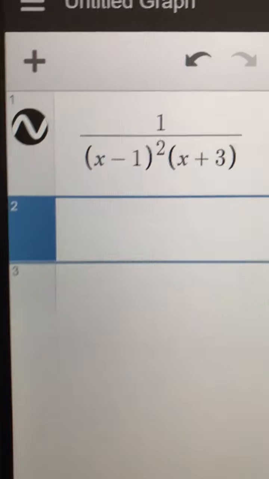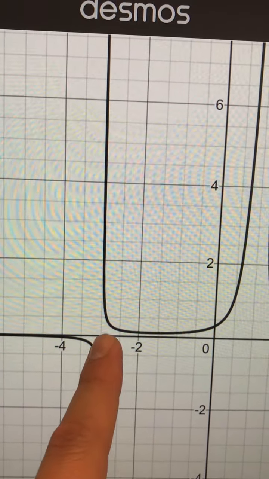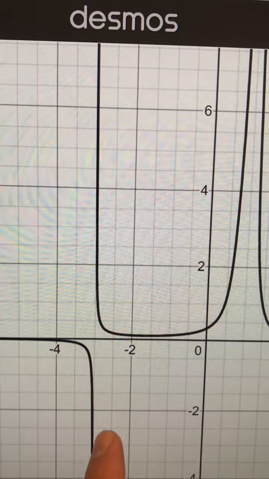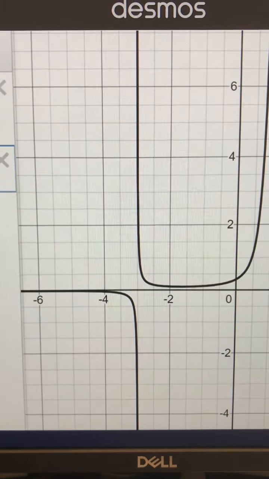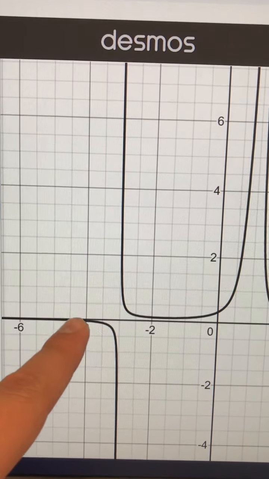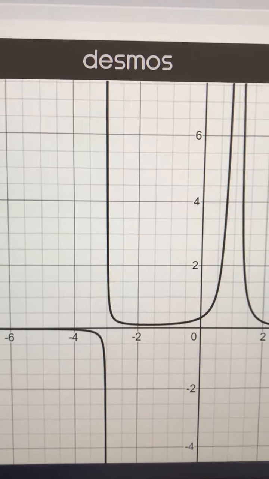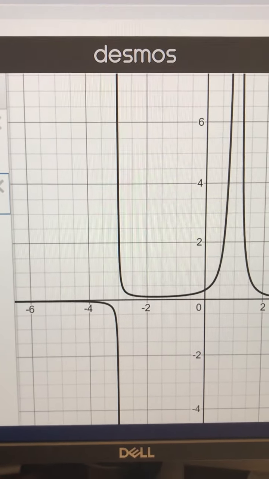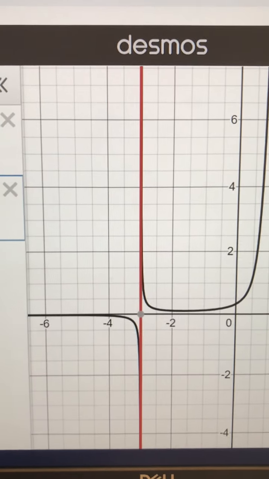So let's take a look at this graph. Here's negative 3. It doesn't give you the vertical dashed line, but you can see what the graph is doing there. On the left side, the graph is going to shoot straight down. We have odd multiplicity at this VA. On the right side, the graph is going to shoot straight up. Let me put x equals negative 3 on that graph.